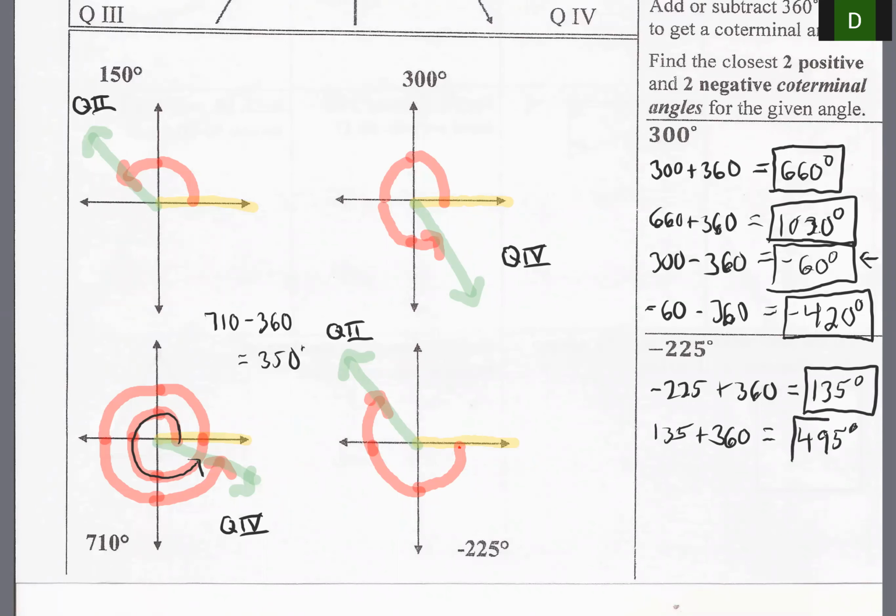Now, two negative coterminal angles. You can take -225 and subtract 360, or any multiple of 360. So this is going to give us -585.